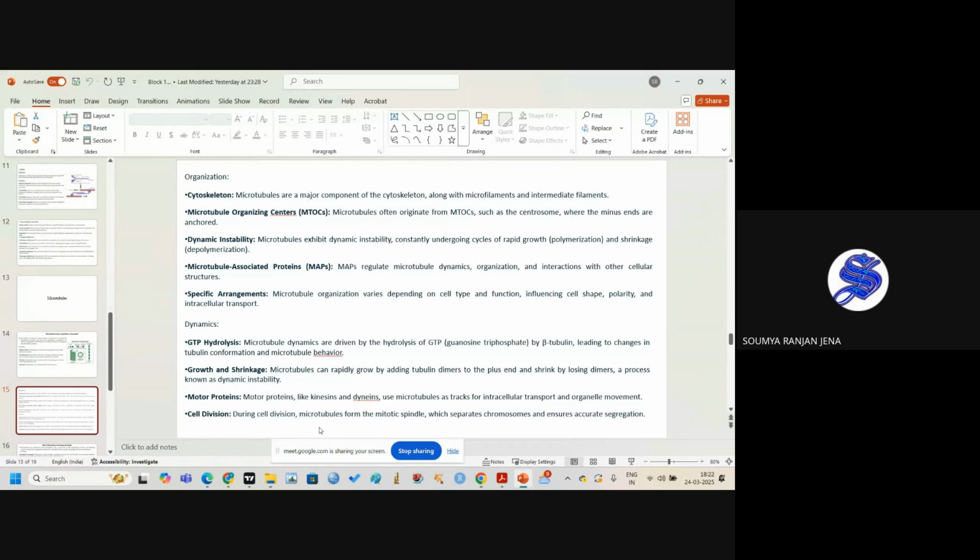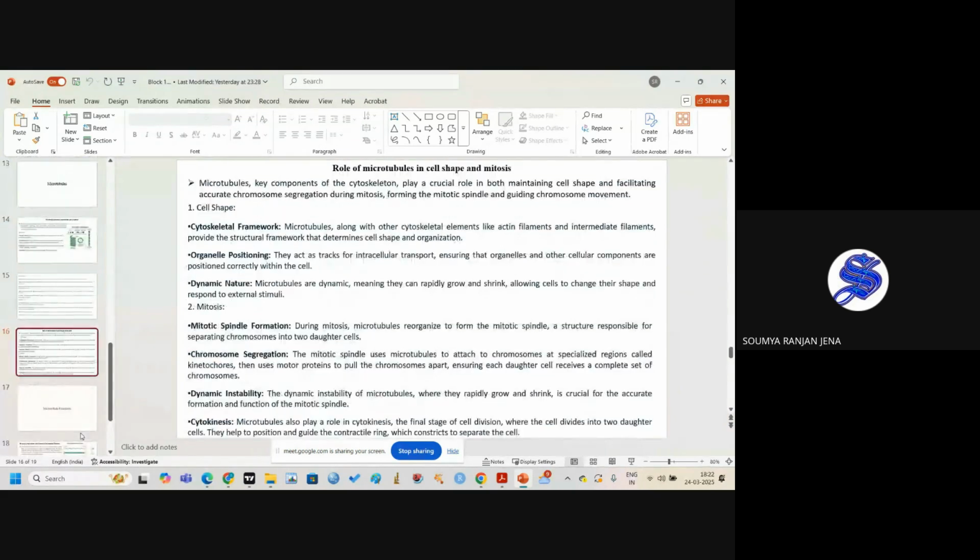During cell division, microtubules form the mitotic spindle, which is required for proper separation of chromosomes and ensures accurate segregation. This mitotic spindle is the most important part of cell division for correct separation of chromosomes.